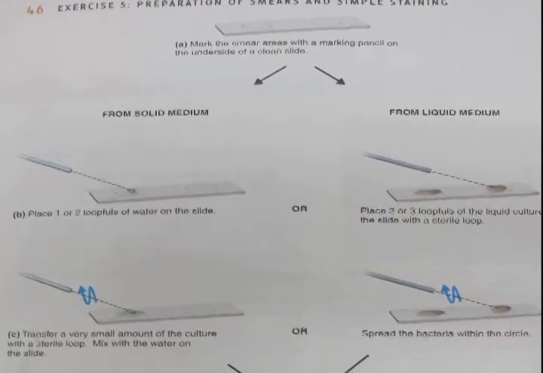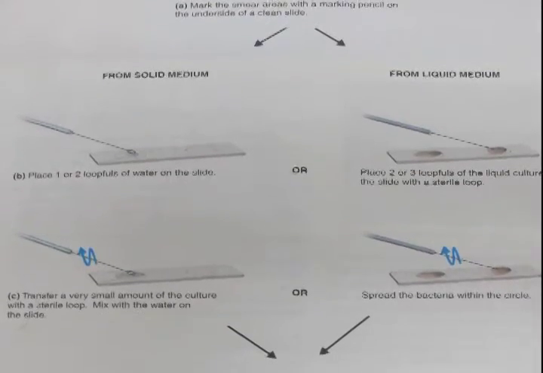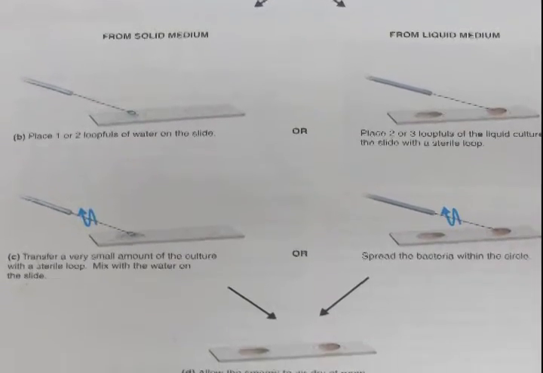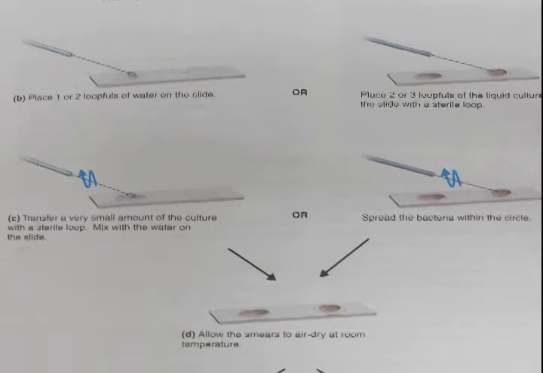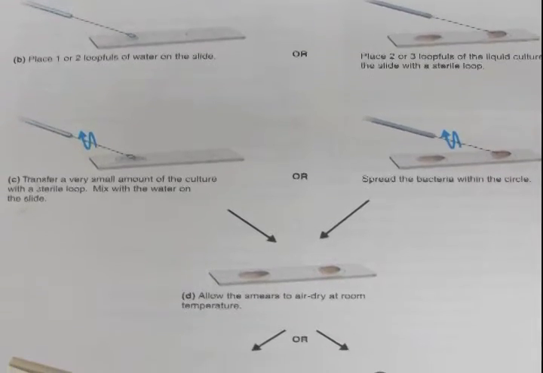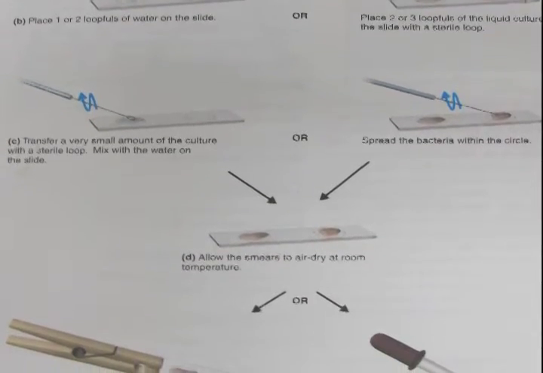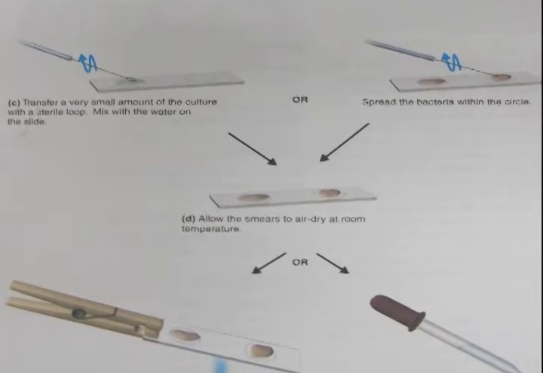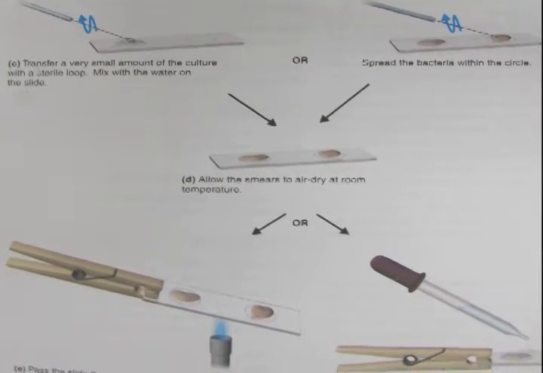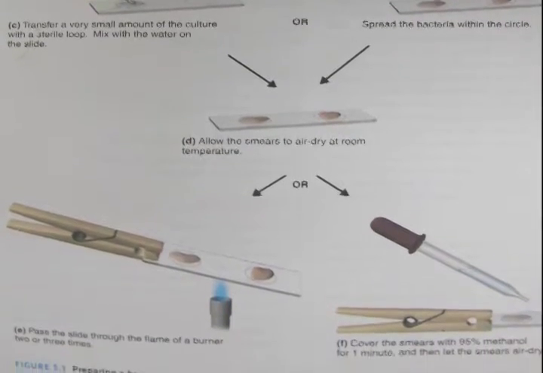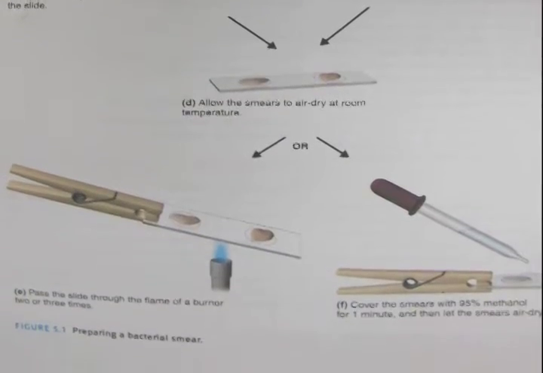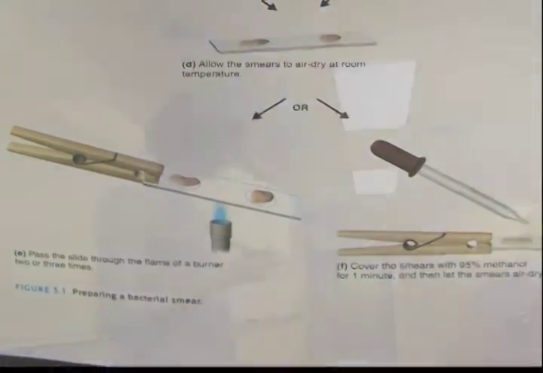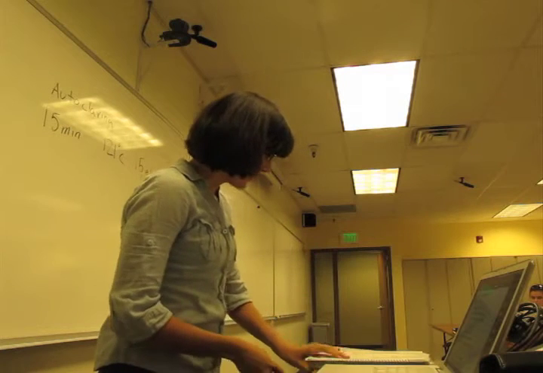You used an inoculating loop, and for the solid medium, first you put the water on the slide, and then you put a little amount of the culture onto the water, and mix it around. The liquid medium is easier. You just put a drop of the liquid medium on there, and then you allow them to air dry, and then you fix them. You heat fix them. So just be familiar with that.